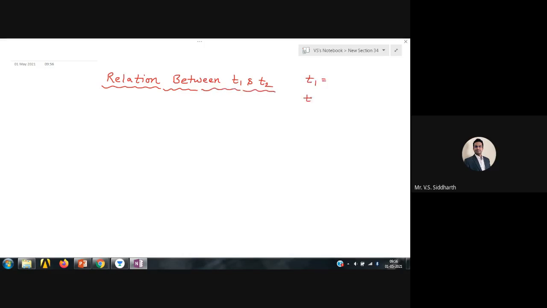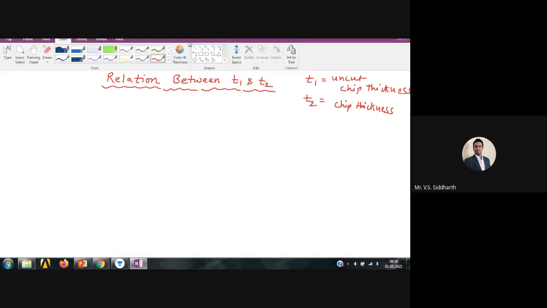What is T2? T1 is the uncut chip thickness. T2 is the chip thickness. Okay. Now let's begin the diagram.